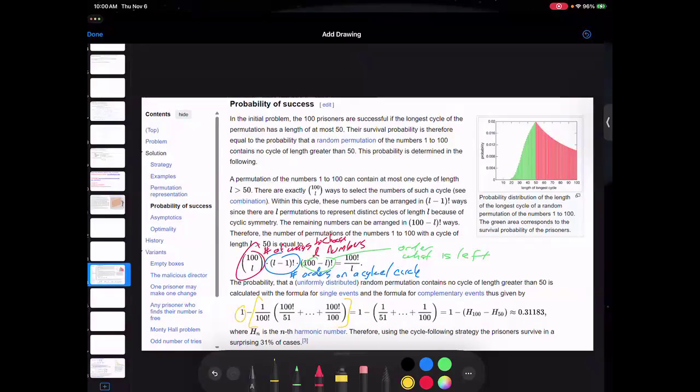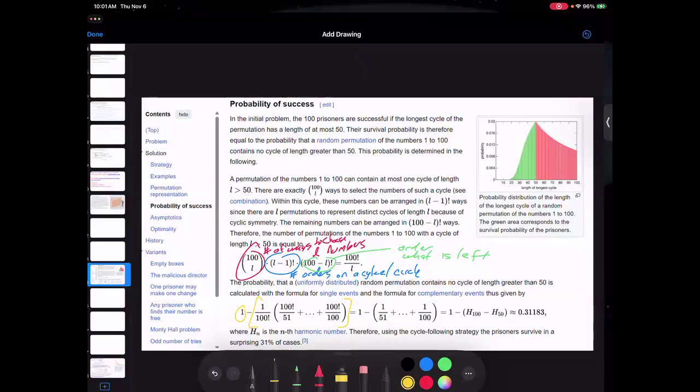So when you divide by the 100 factorial, because when I want to calculate the probability, there's 100 factorial ways to do this. The 100 factorial over L is how many ways can I do it with a cycle of length L, where L is at least 51. So if I want the probability, I divide by the number of possibilities. That's why I divide by the 100 factorial.